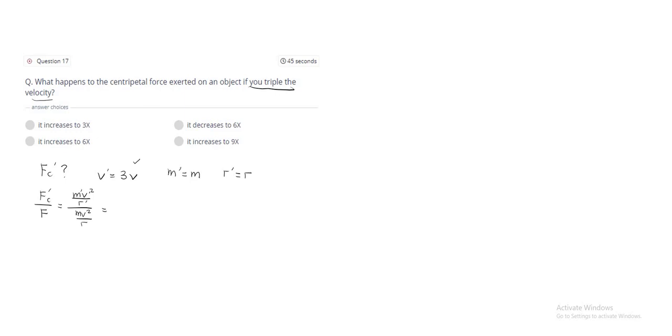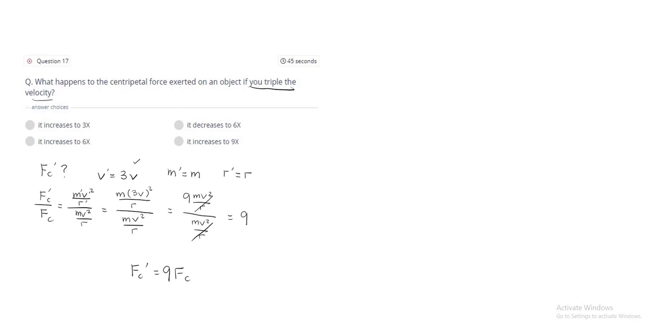No. So we can change it to m(3v) squared over r, divided by mv squared over r. From here we get 9mv squared over r divided by mv squared over r. Cancel, we are left with 9. So the new centripetal force is 9 times the old centripetal force.